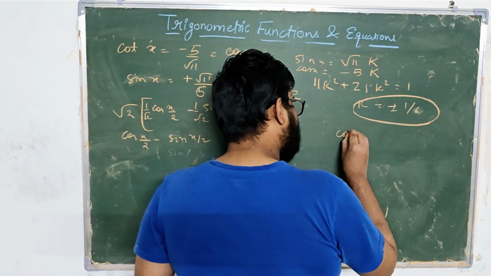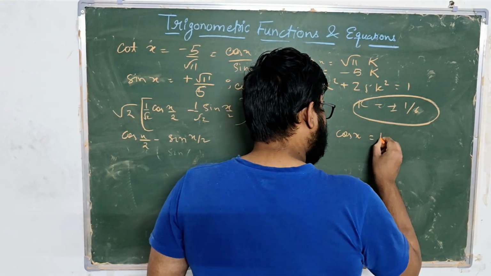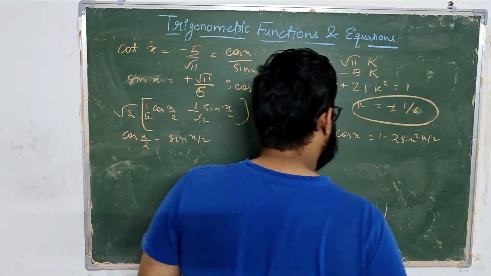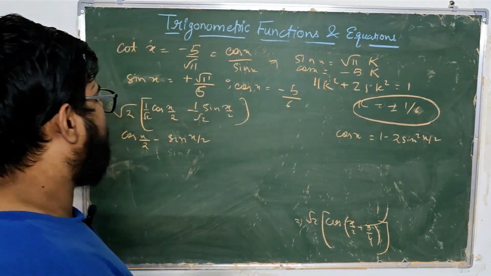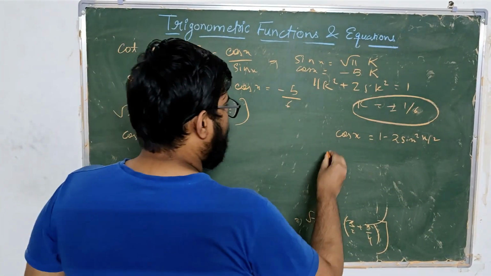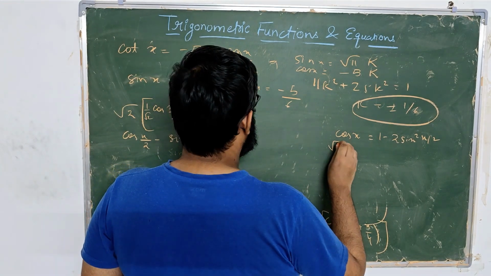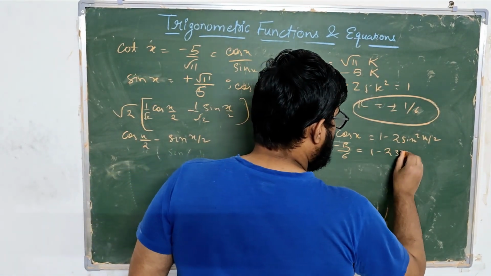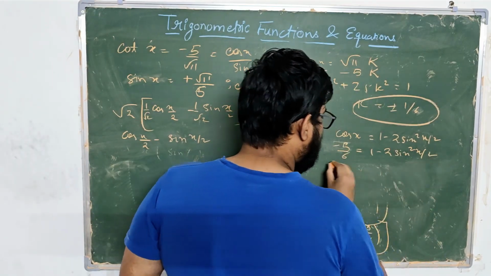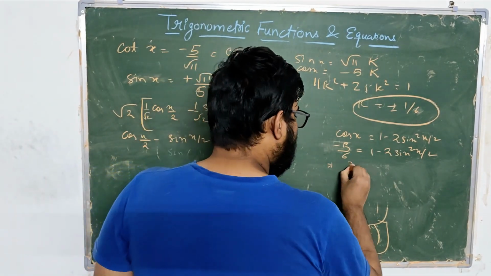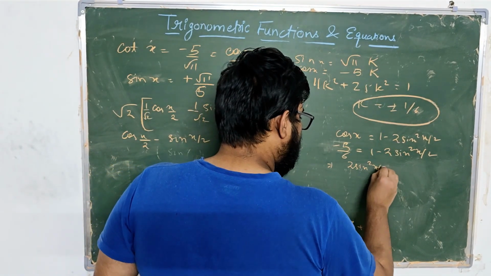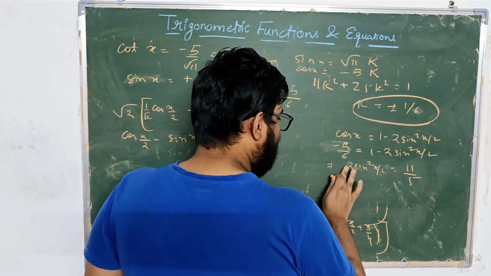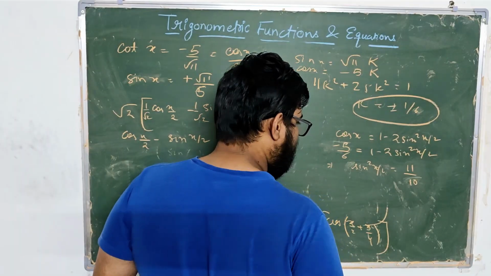Because we know cos of x is 1 minus 2 sine square x by 2, correct? So from here you have negative 5 by 6 is 1 minus 2 sine square x by 2. So 2 sine square x by 2 is equal to 11 by 6.